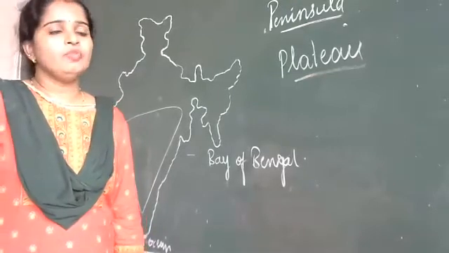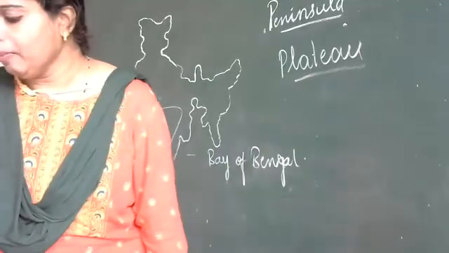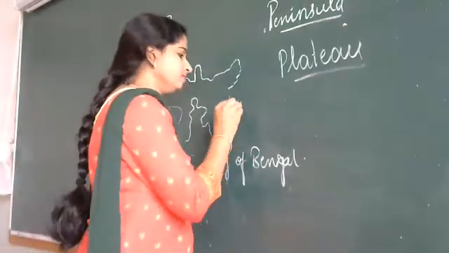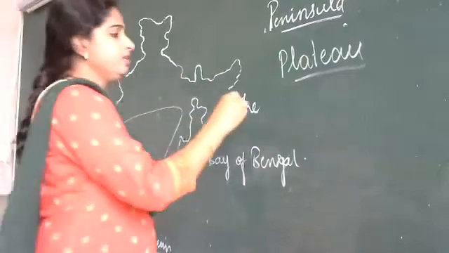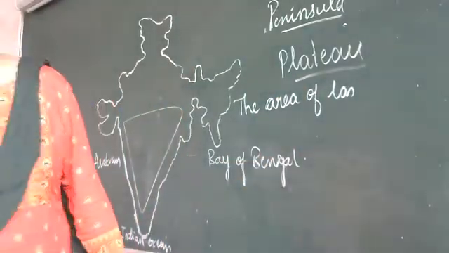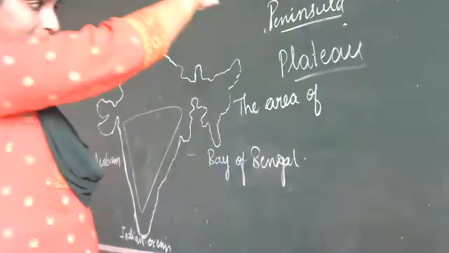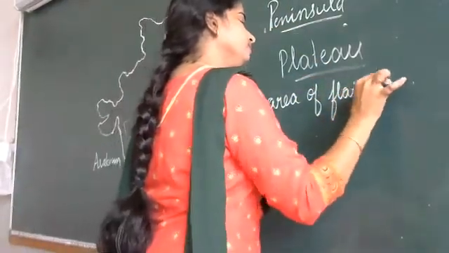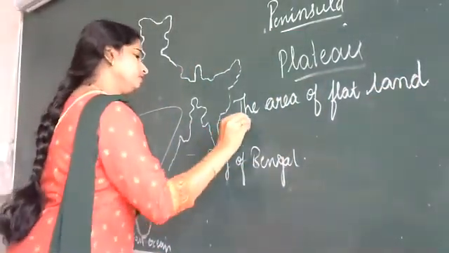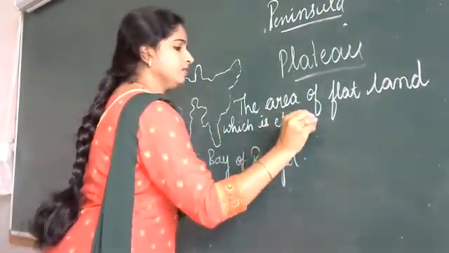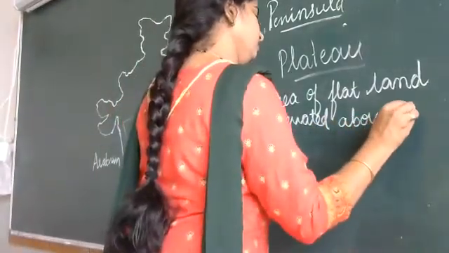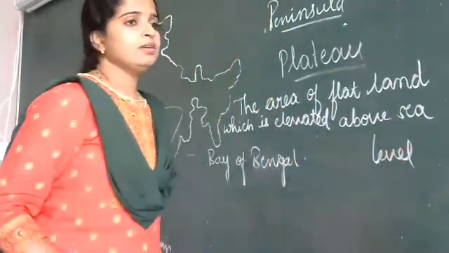The area of flat land which is elevated above sea level is called a plateau.